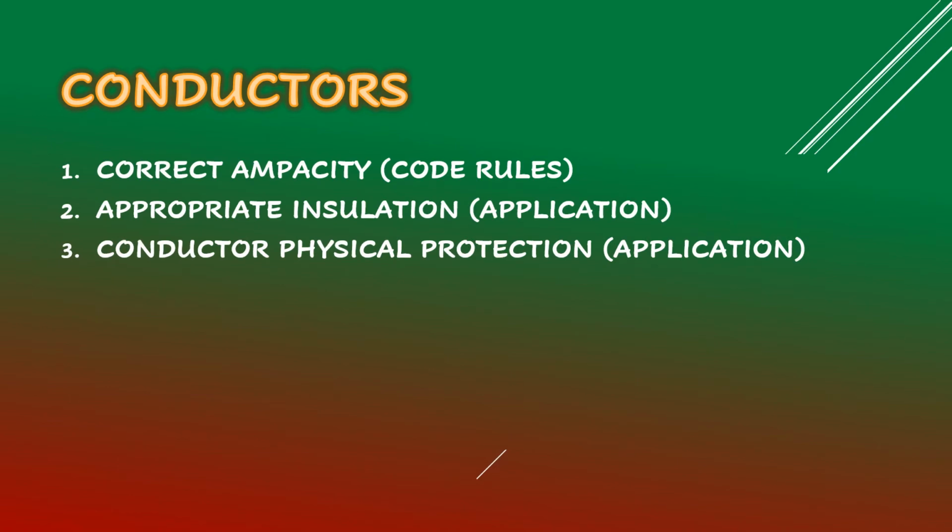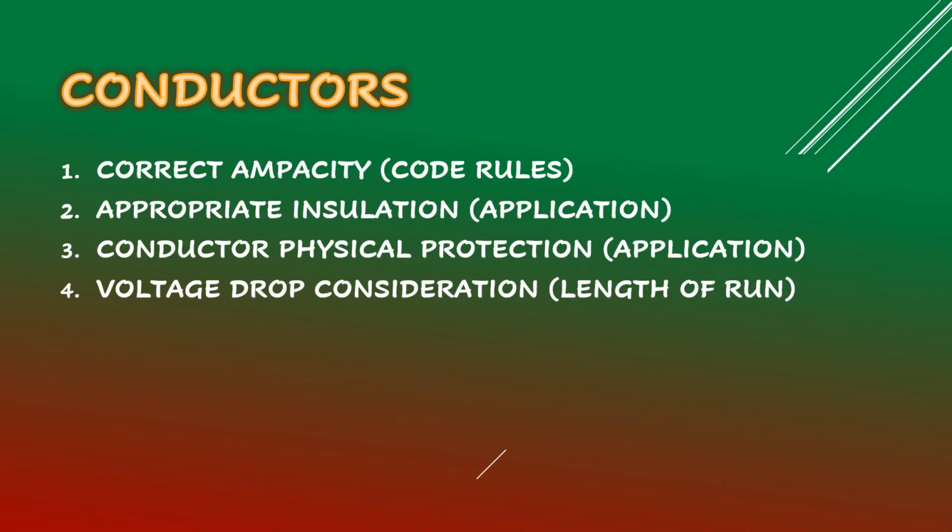This also depends on the application. Here, what protection are we going to apply to protect our conductor? We will consider the raceway, what type of raceway or conduit, or whether it will be installed in a cable tray or cable ladder, etc. So this depends also on the application.